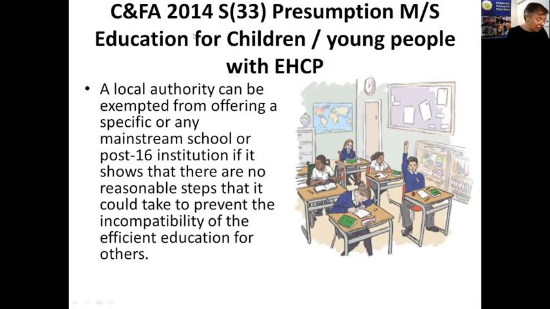If neither of the exceptions is engaged, the local authority cannot refuse simply because it believes that a mainstream school or post-16 institution cannot meet the child or young person's SEN, or that a particular school or post-16 institution is not suitable.